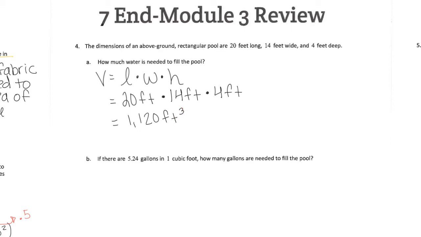Now let's move on to B. If there are 5.24 gallons in 1 cubic foot, how many gallons are needed to fill the pool? So here we're going to use our 1,120 feet cubed, and we're going to multiply that by 5.24 gallons.